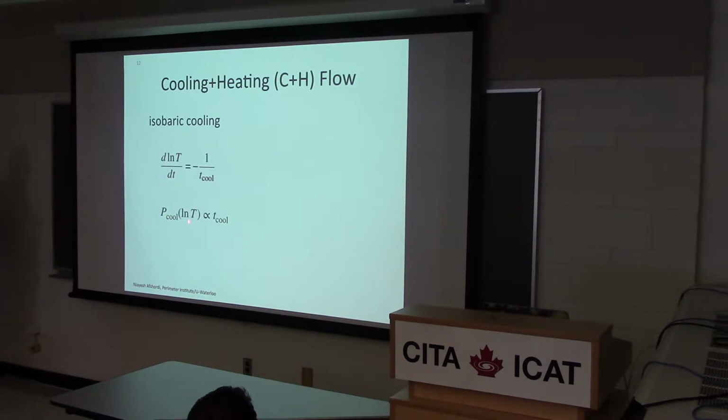Conservation of mass tells you this times this should be a constant. If you know how much gas at any temperature you have, you can plug it into Rybicki and Lightman, your radiative processes textbook, and that gives you a spectrum, right?